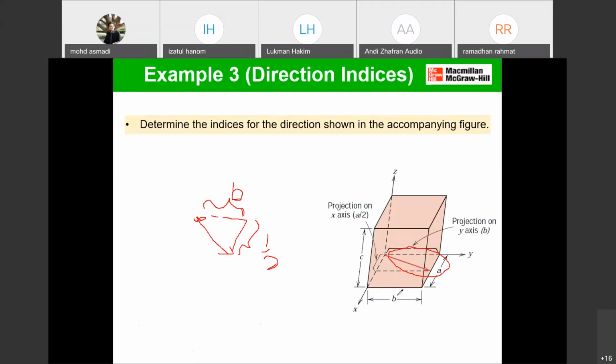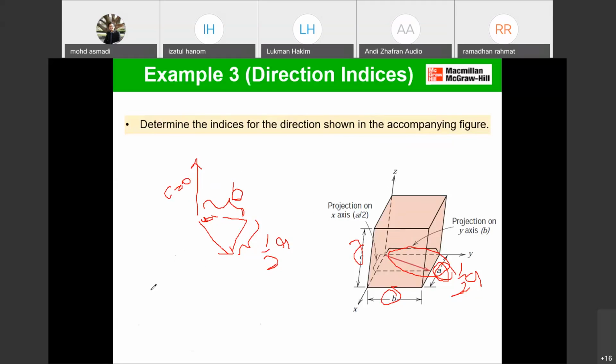This is the x-axis, this one is the y-axis, and half for the other axis. Then 0 for c. This one is c, so the z direction is equal to c, and c equals 0.